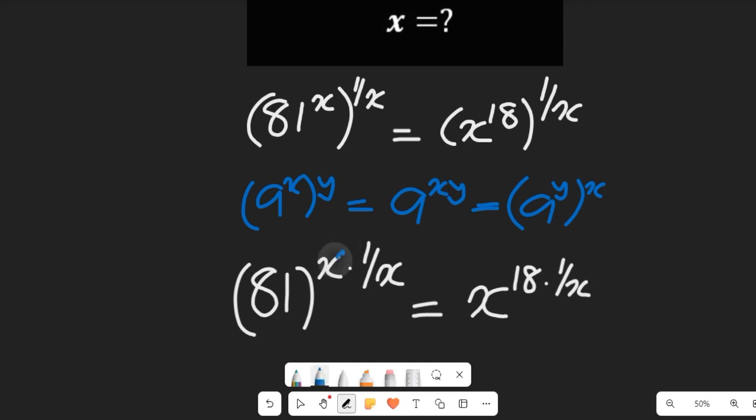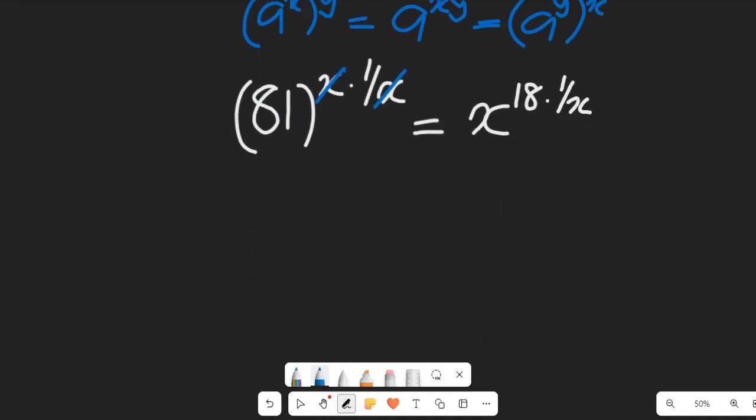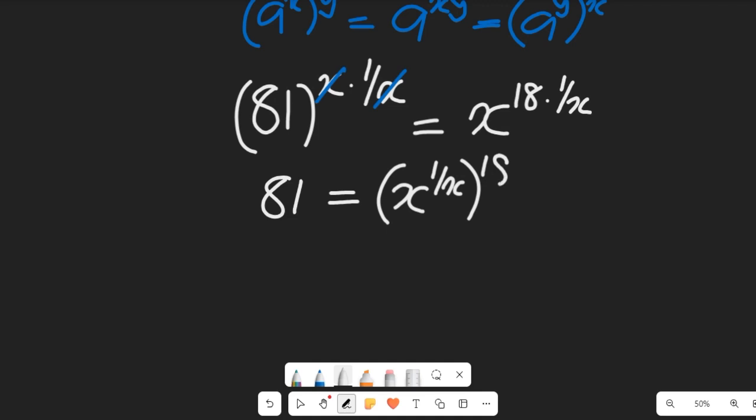From this expression, x will definitely clear out, and then we'll have 81 equal to x to the power of 1 divided by x, all to the power of 18.